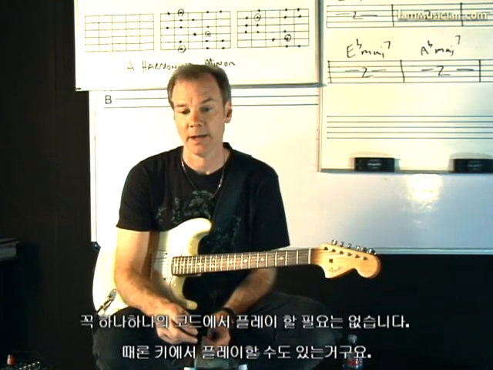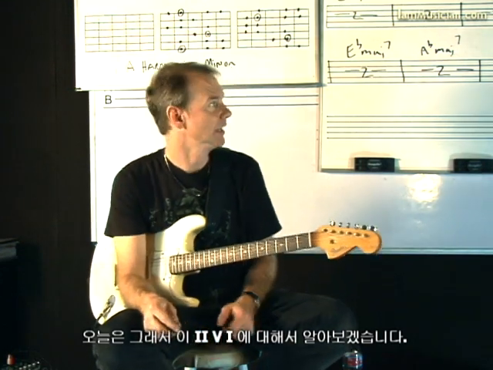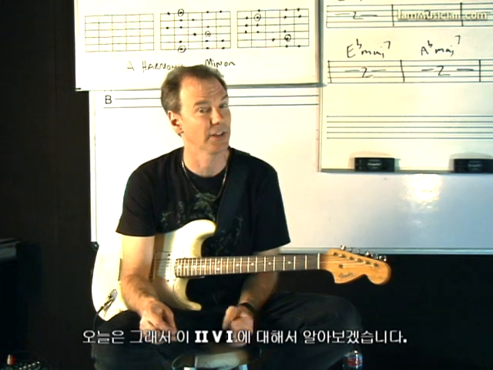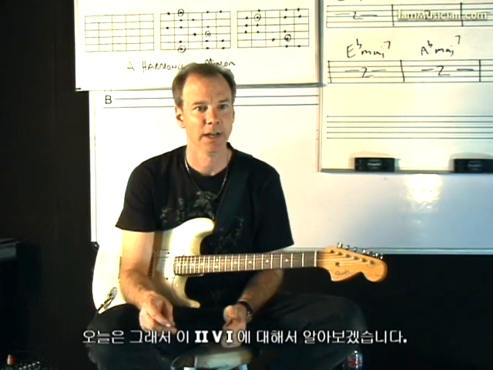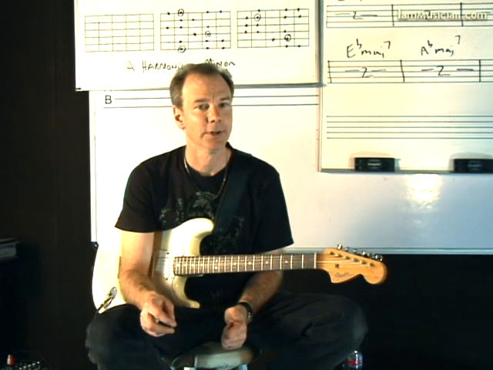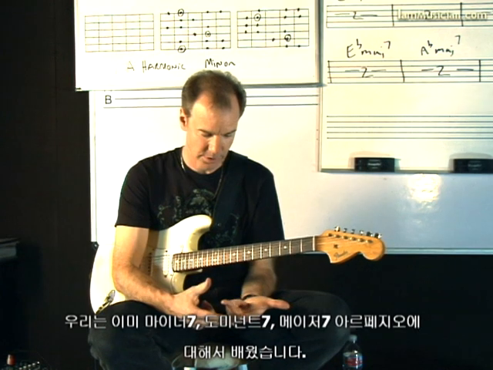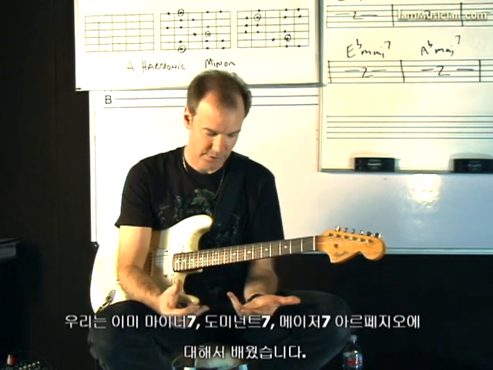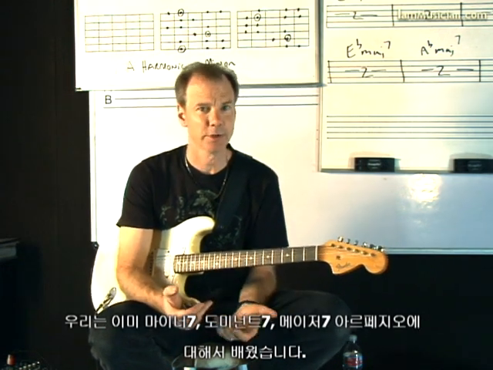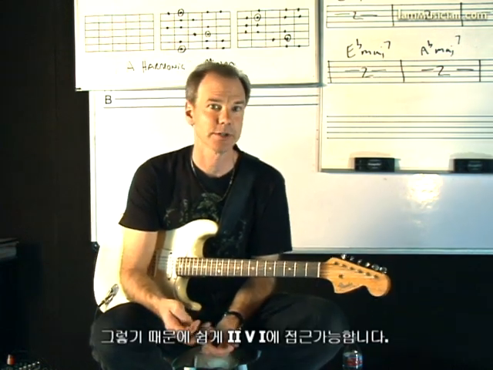So our lesson today is going to deal with the 2-5-1 progression, and I've got a progression that we're going to work on that's going to really help us get through this workout of the classic jazz cycle of chords. Okay, so we know now the minor 7th arpeggios, dominant 7th arpeggios, and major 7th arpeggios. So we're in a pretty good position to start tackling 2-5-1s and jazz type progressions.